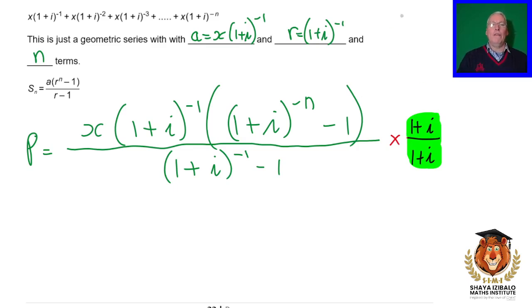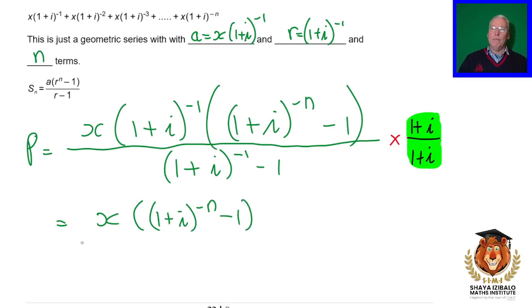Right, because when this 1 plus i multiplies by this 1 plus i to the minus 1, they basically cancel each other out, because we get 1 plus i to the power of 0, which is 1. So on the top, all we've got is x into 1 plus i to the minus n minus 1. And on the bottom, we're going to get 1 plus i times 1 plus i to the minus 1.